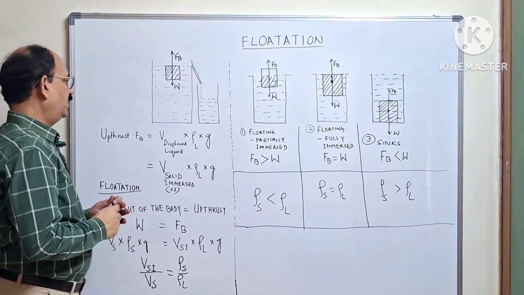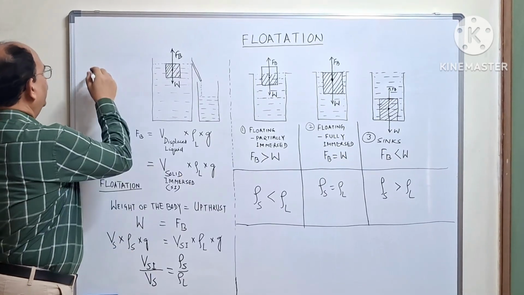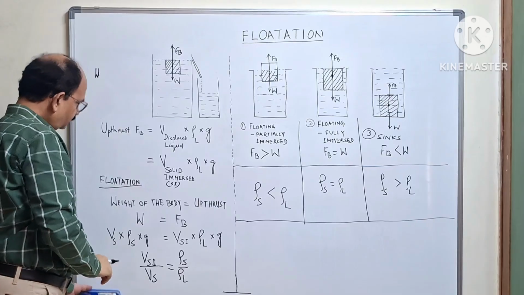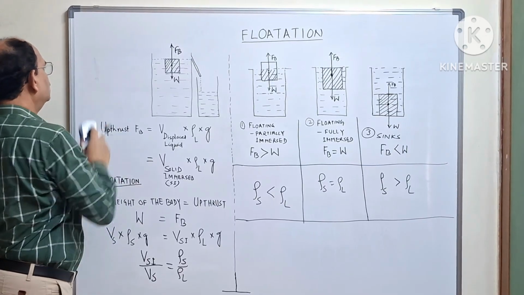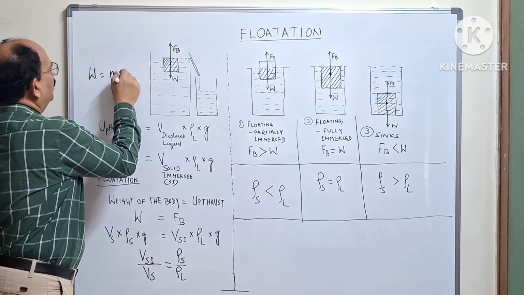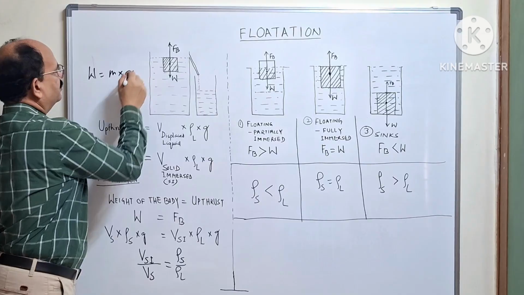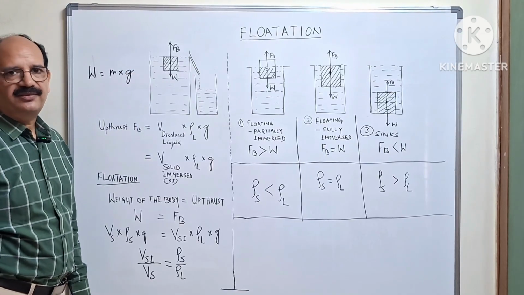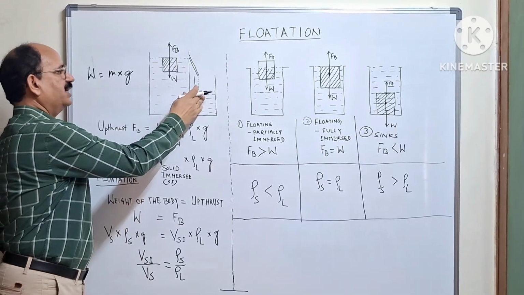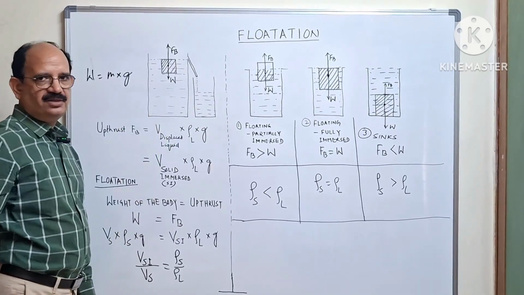So we all are aware that weight is equal to the mass of the object multiplied by the acceleration due to gravity. Here we are considering the object as displaced water, right?